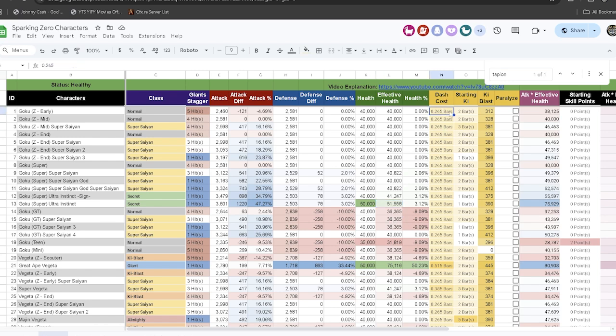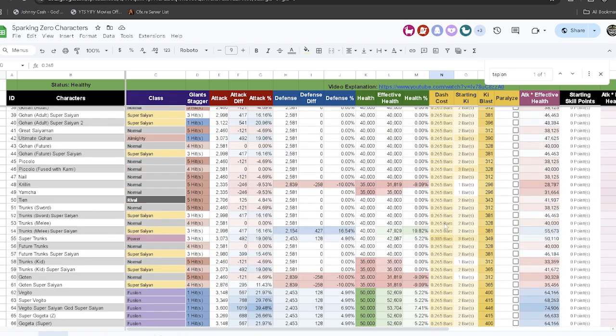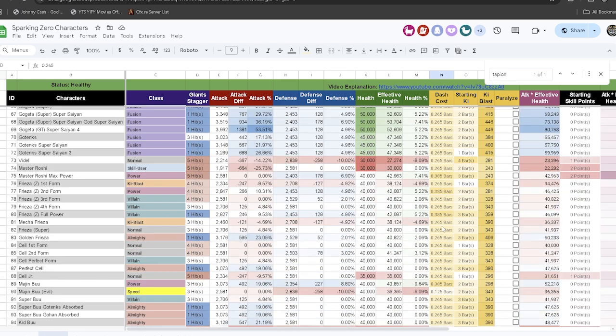All right, dash cost. This is how many bars of Ki it takes essentially to dash over how much time. I don't know what the editing team did on this one. I'll have to review them, but you can compare each character to see if they take more Ki or less Ki than other characters in order to dash around.